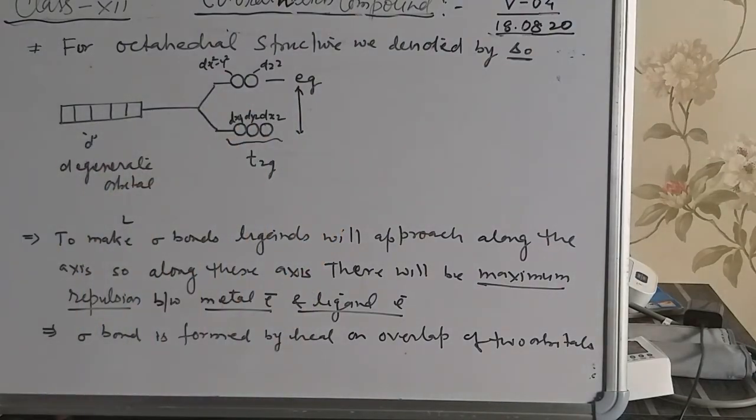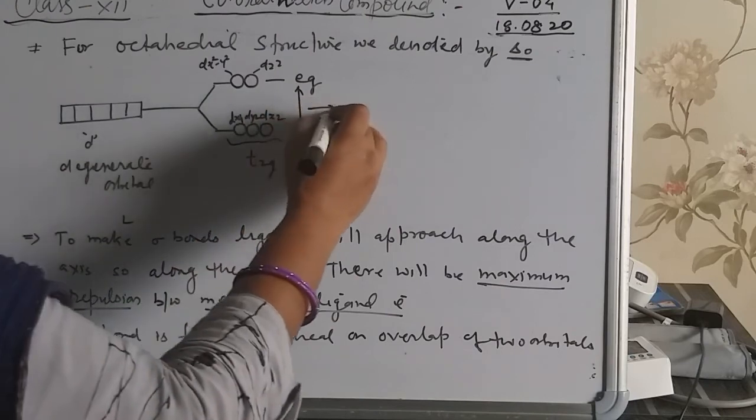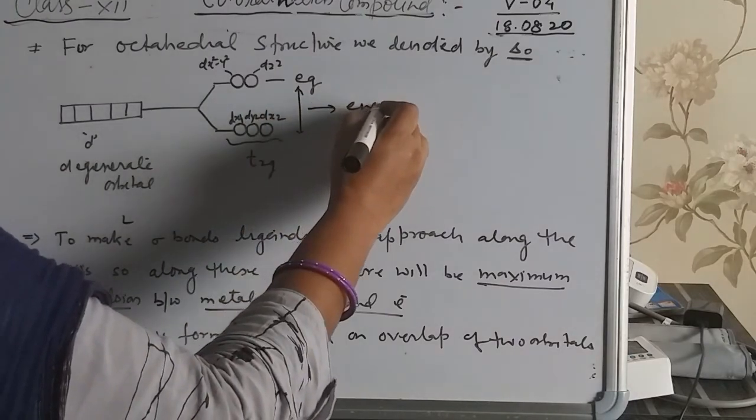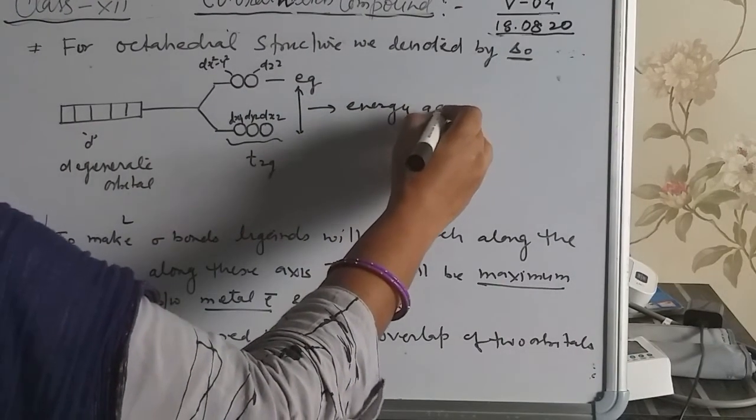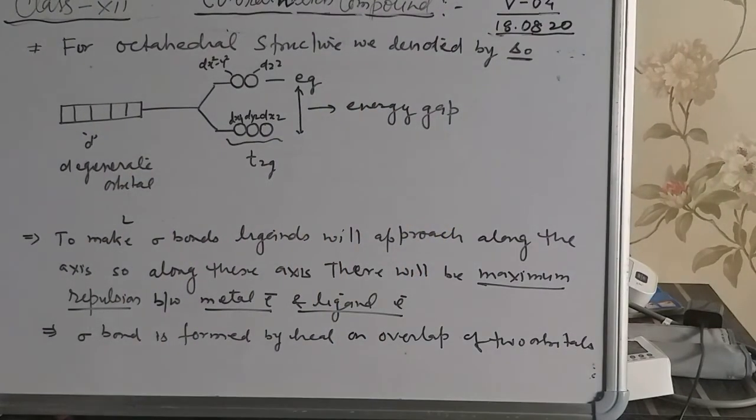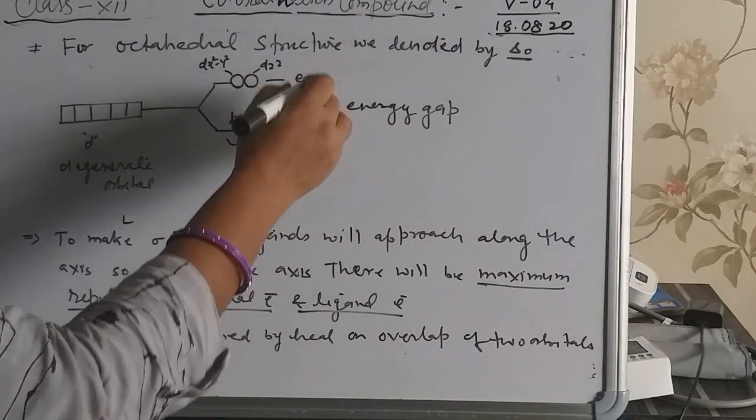It is represented, this is called the energy gap, the energy gap of Eg and T2g.